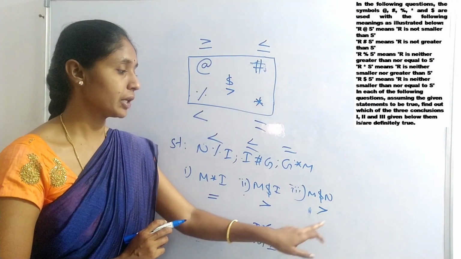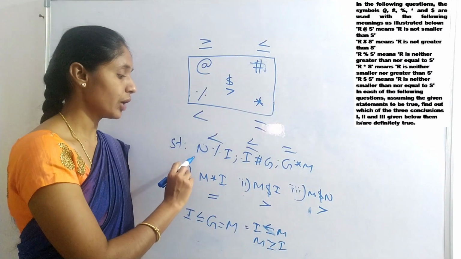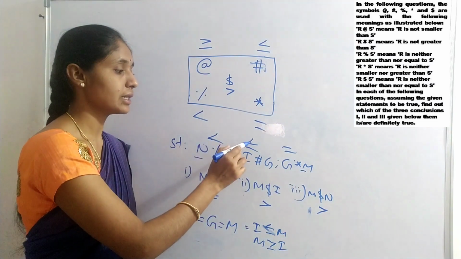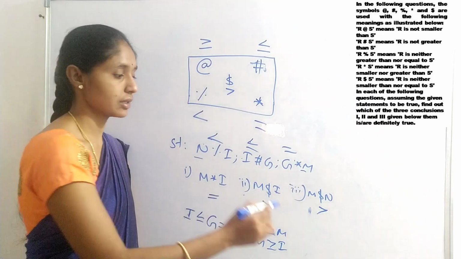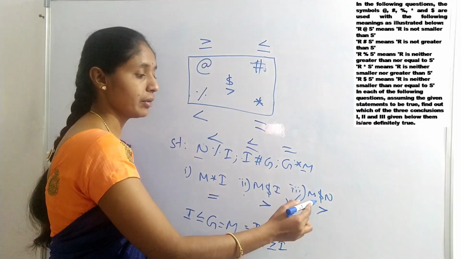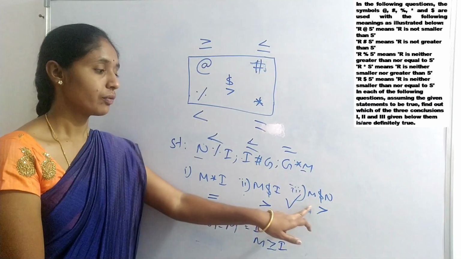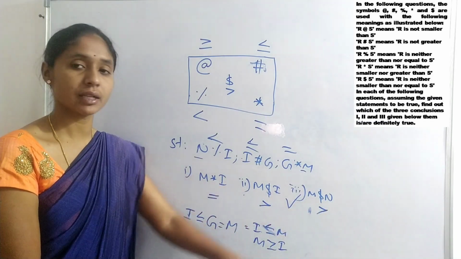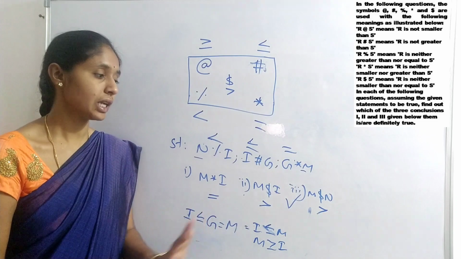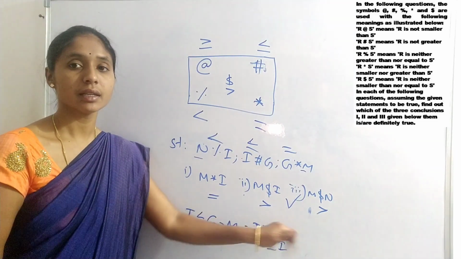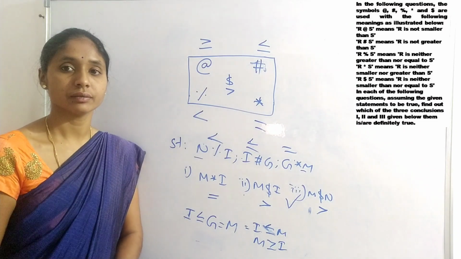And third one, M greater than N. So, N is here, M is here. Less than. So, common symbol is less than. So, we can conclude M greater than N. Okay. So, finally, M greater than N is also true. So, for this question, either 1 or 2 and 3 is true.